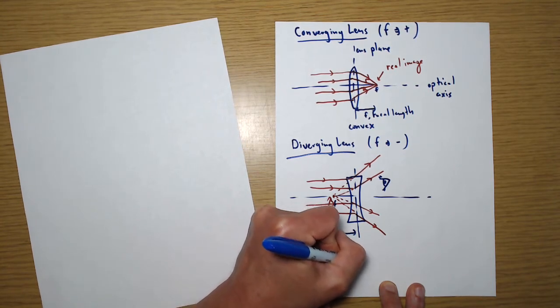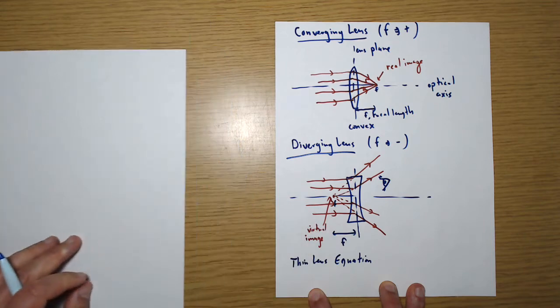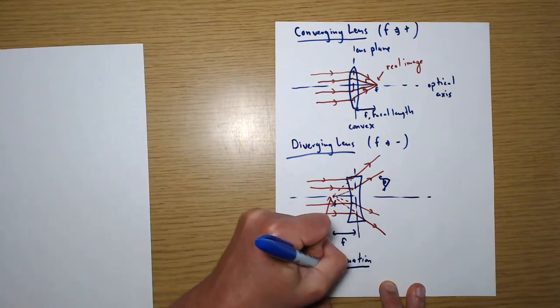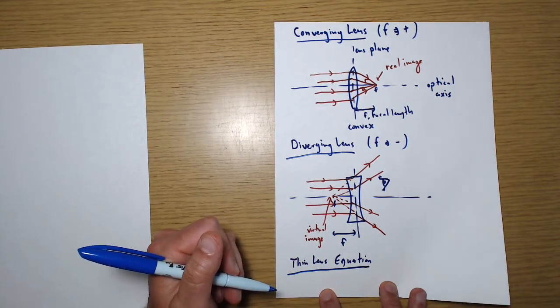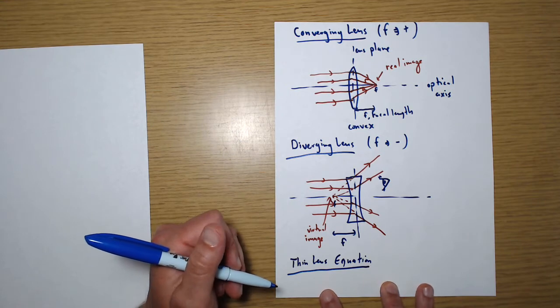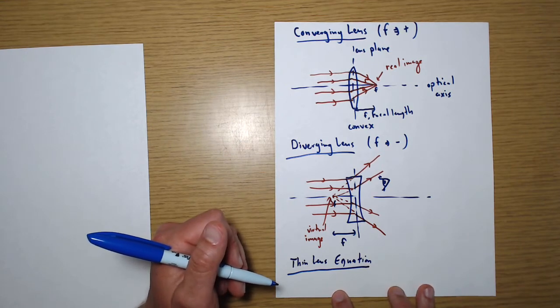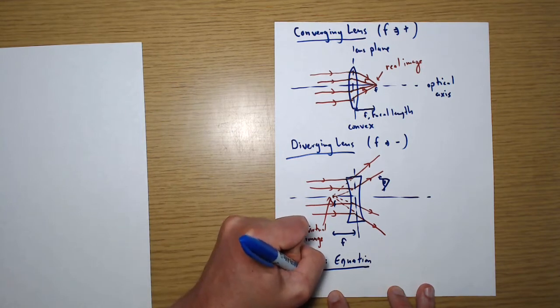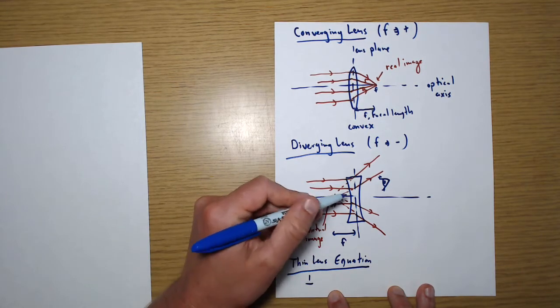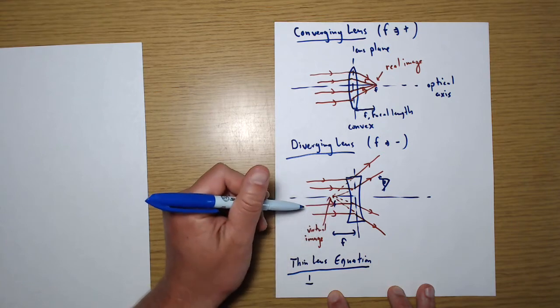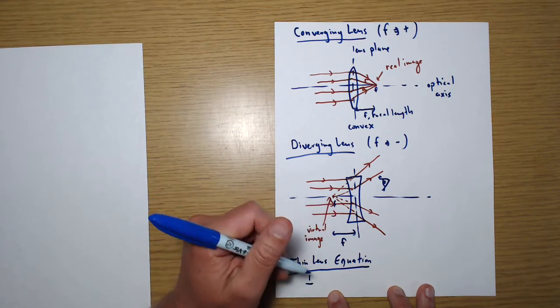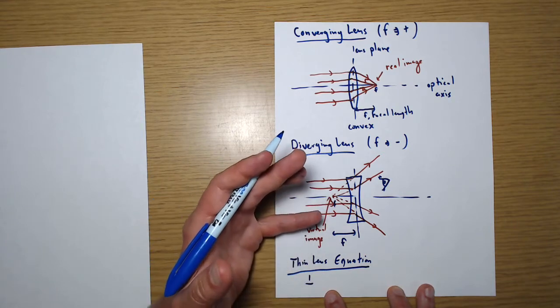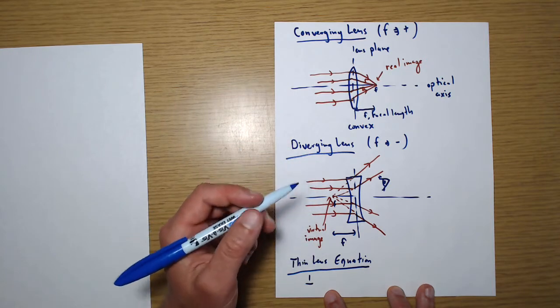Now it turns out the thin lens equation is, again, just an application of Snell's law and only valid for thin lenses, where the lens is very, very small compared to the object distance, and the lens is really big compared to the wavelength of the light, so we can treat it as rays.